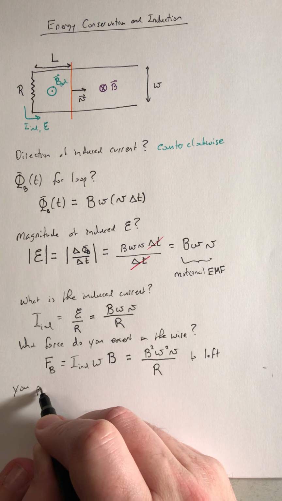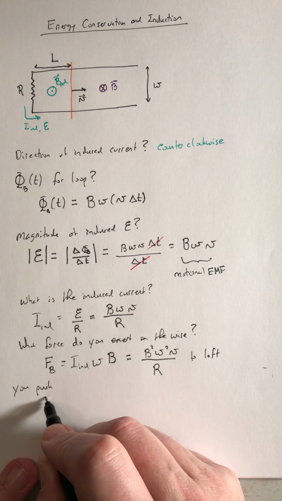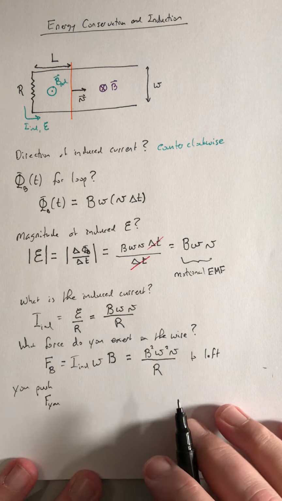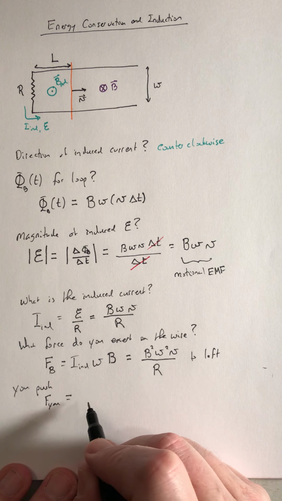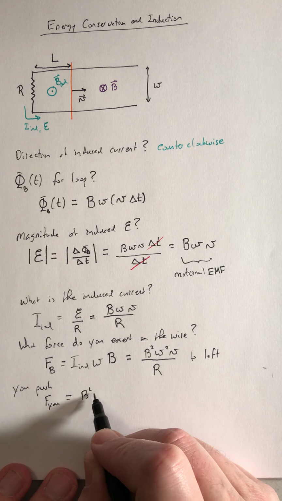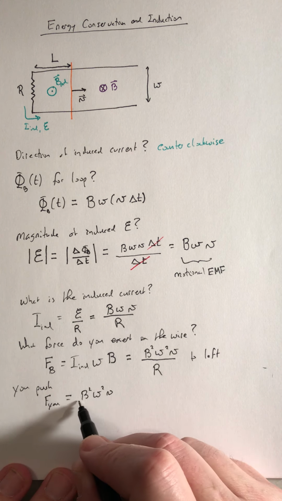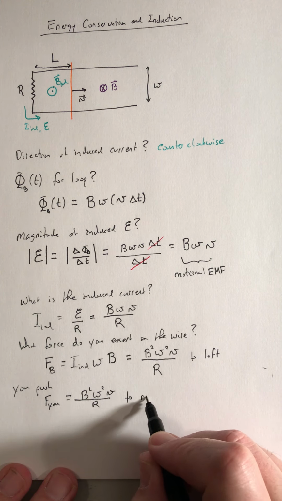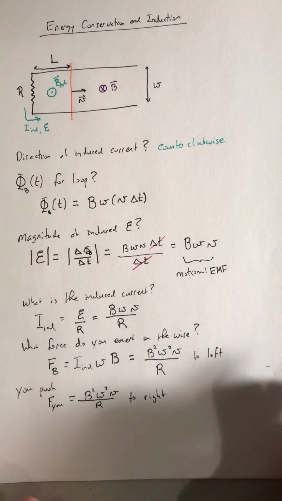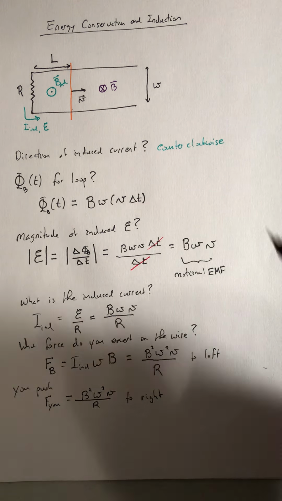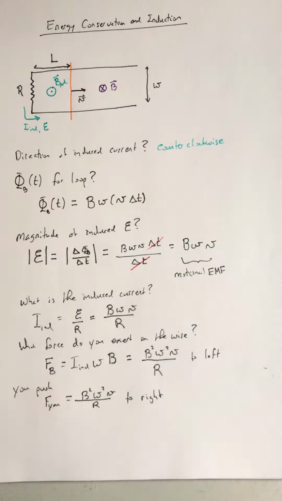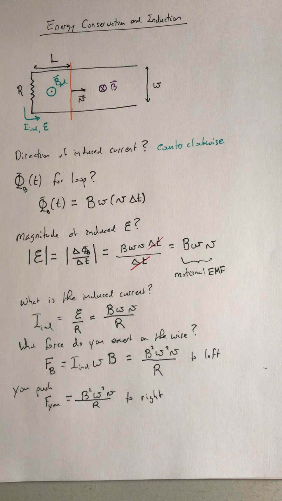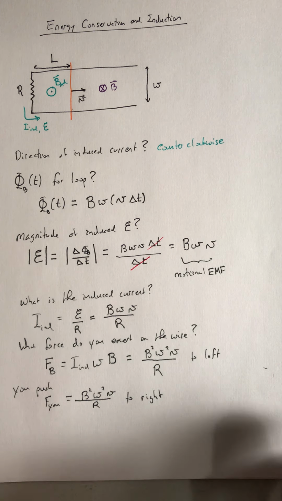So you are going to push with a force just as strong, B squared, W squared, V over R, to the right. That will keep the net force on this slider 0, so it can move at a constant velocity.